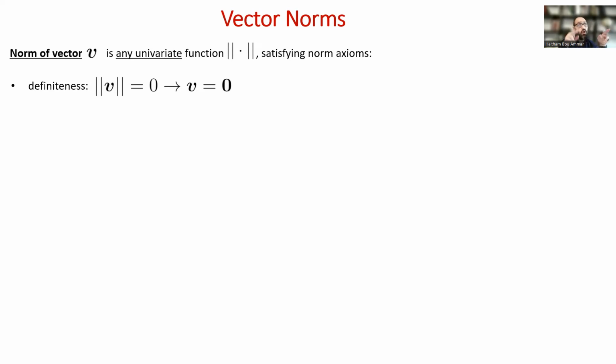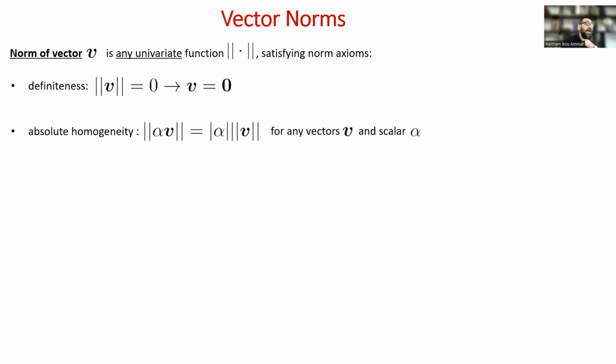Then we have something called absolute homogeneity, meaning that if you consider the norm of alpha times v, a constant times v, that is the same as taking the absolute value of that constant alpha and multiplying by the norm of v, for any vector v and any scalar alpha.